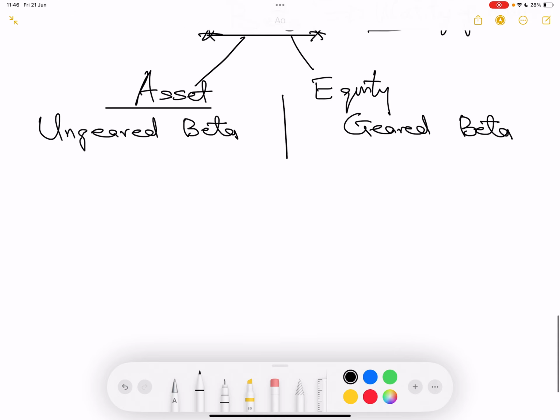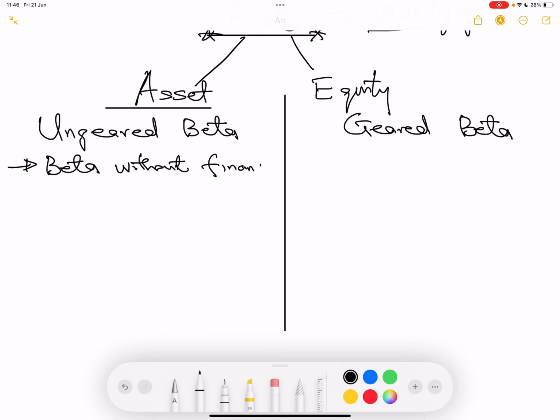And what are we talking about here? What we are saying here is that this is a beta without financial risk, which means the beta when there is no debt, no gearing. Very important.